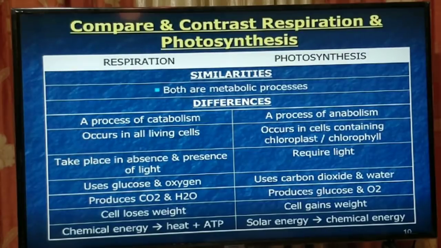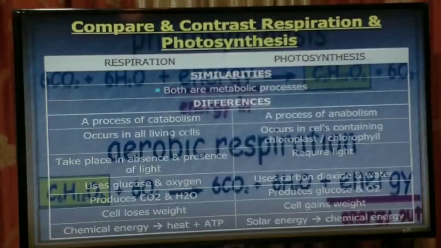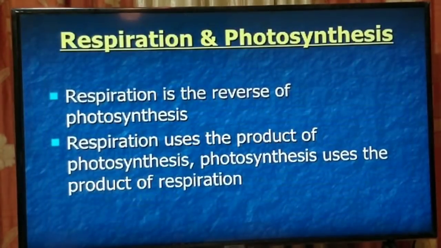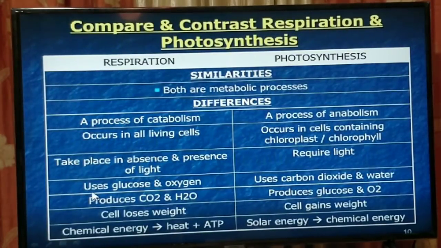Respiration produces carbon dioxide and water. Photosynthesis produces glucose and oxygen. So here you can see that both the processes are opposite to each other.